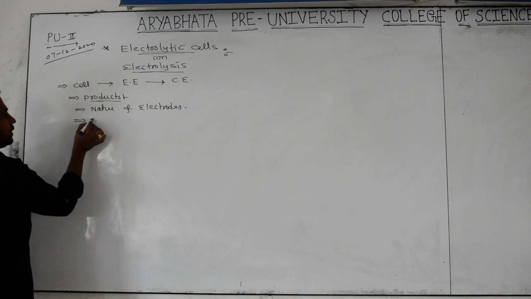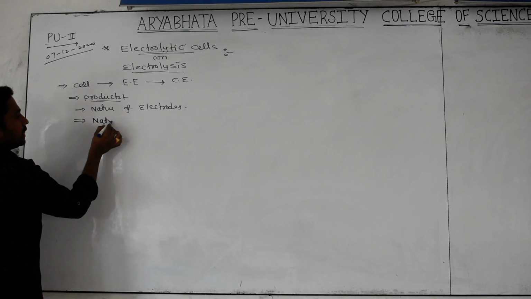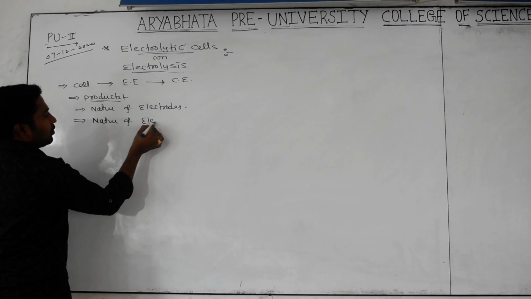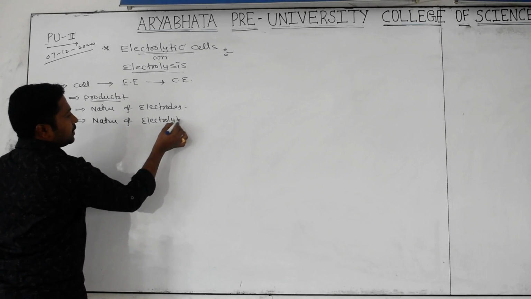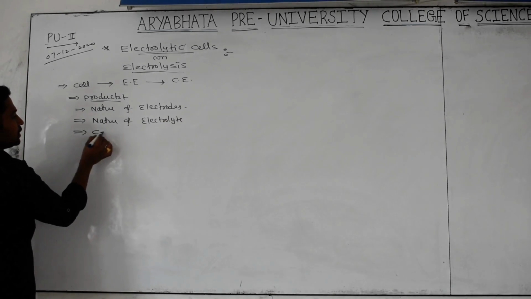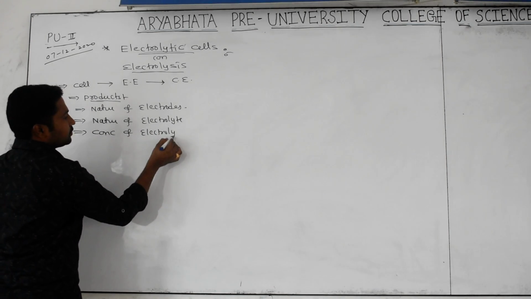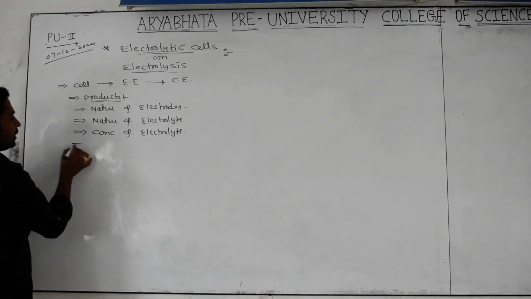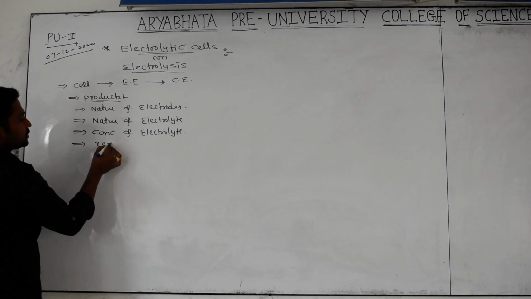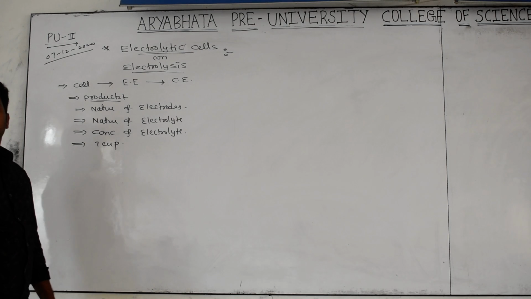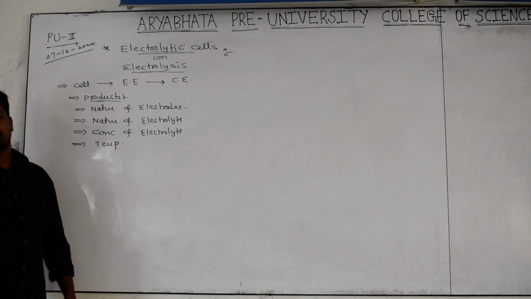It also depends upon the nature of the electrolyte, the concentration of the electrolyte, and also temperature. All these things will influence the formation of the products under electrolysis.